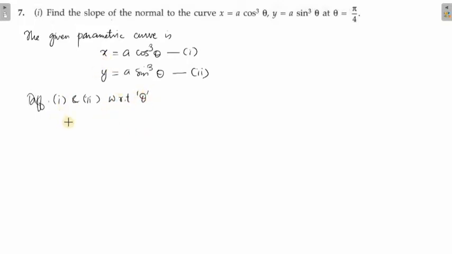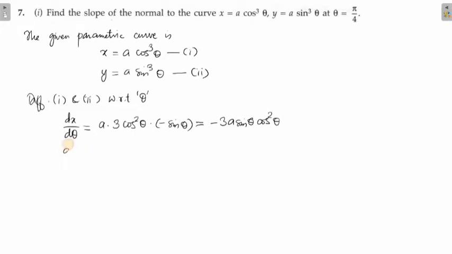We get dx by d theta: a into, for the power you get 3 cos square theta, into, for cos theta you get minus sine theta. Simple. Let's rearrange this. So you get minus 3a sine theta cos square theta. This is your dx by d theta.